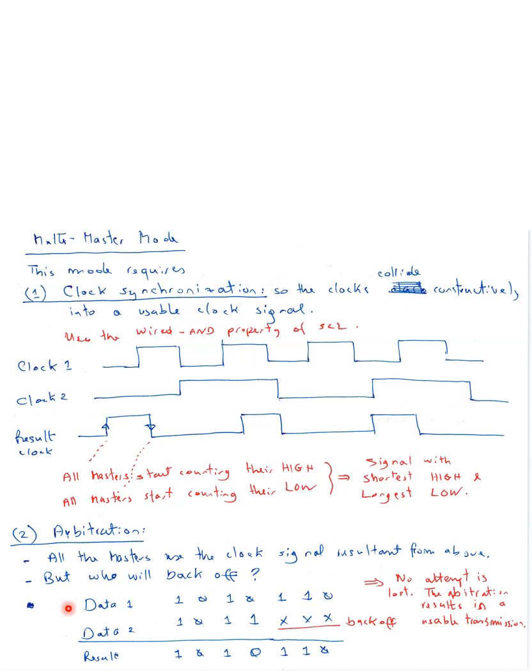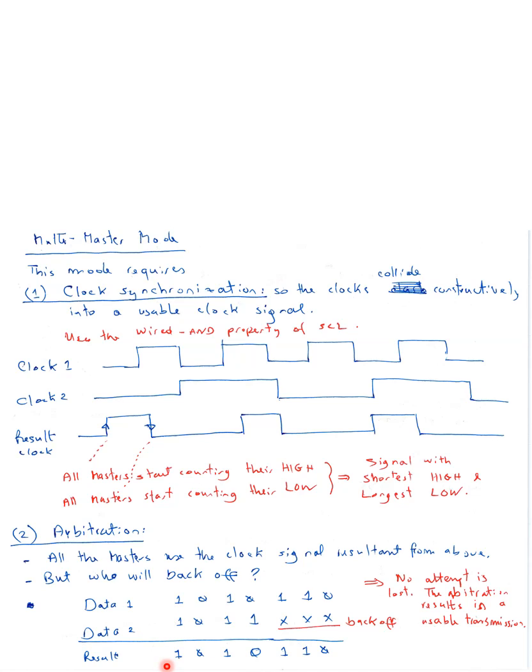Master 1 transmits this address, because we know that after the start signal, we transmit the address followed by the read or write bit. Master 2 plans to transmit this address, at least starting with these 4 bits. We're gonna see what happens here. Let's see what occurs on the data line.